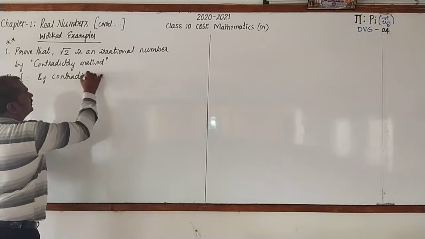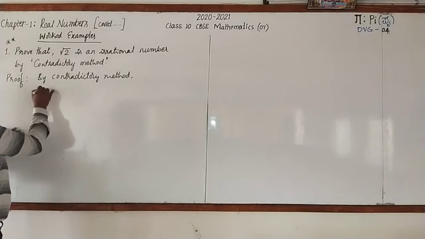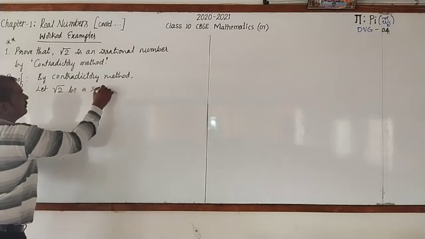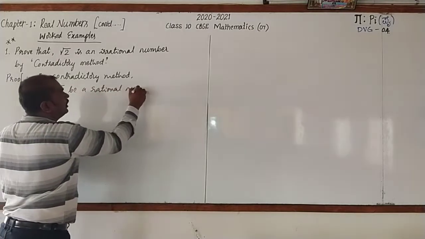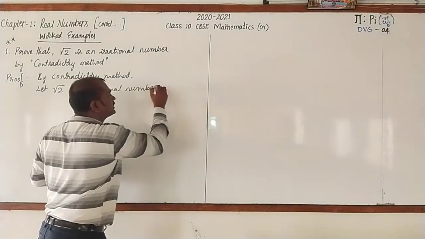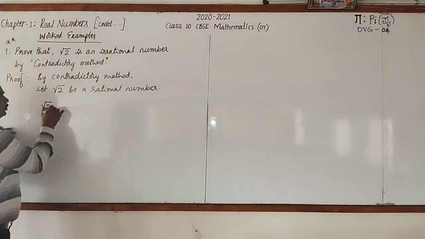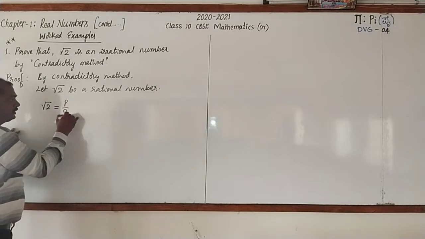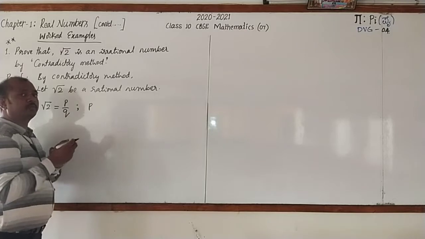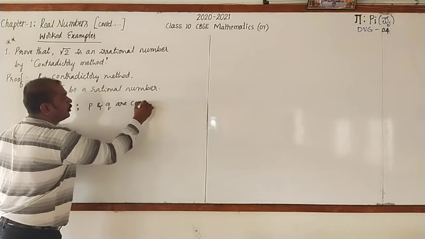According to this contradictory method, we have to assume what? Let root 2 be a rational number. And we all know that if it is a rational number, it should be expressed in the form of p by q, right? So here I will write root 2 is equal to p by q, where, as it is to be proved by contradictory method, I write p and q are co-primes.